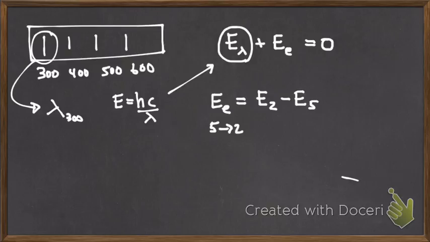Final minus initial. And that's going to be equal to, well, how do you calculate E2? It's minus RH over 2 squared. And then E5, you're going to subtract that, so it's minus RH over 5 squared.